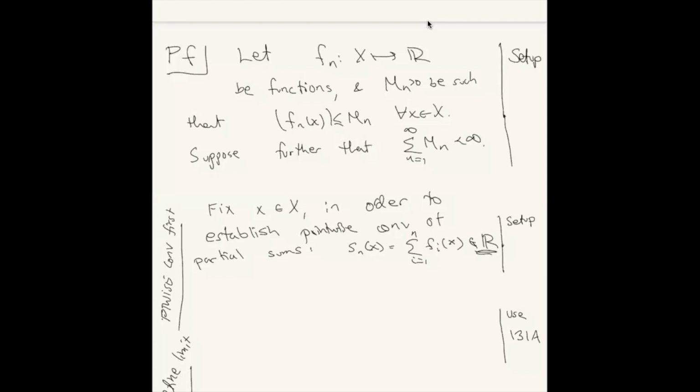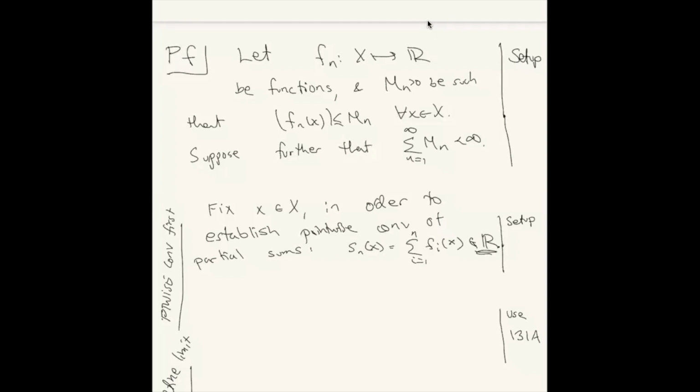We're looking at a pointwise thing. This is a real-valued series, just the 131A series. Well, actually, we don't need the Cauchy condition here. Let's go more directly.